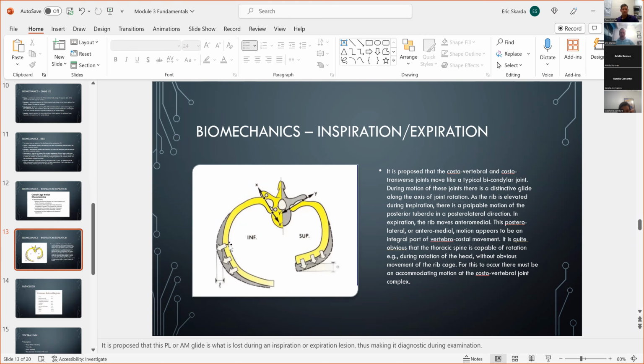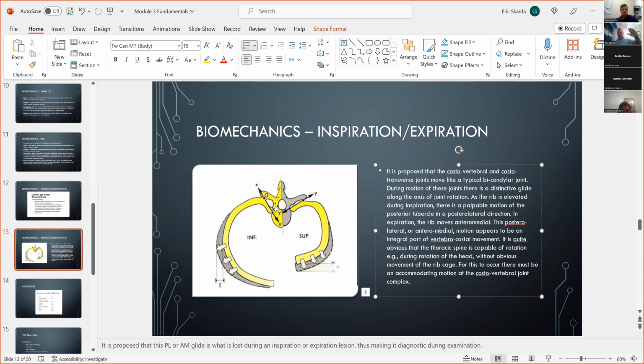So this is going to be more of that bucket handle type of movement where we're getting more gliding occurring across this joint. And so these are very similar. We're going to have these posterior lateral or anterior medial type of movements that will occur at these segments, okay? Particularly more noticeable as we move further down the spine, right?